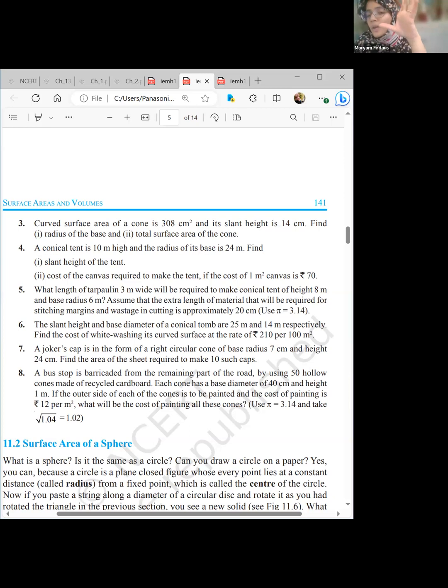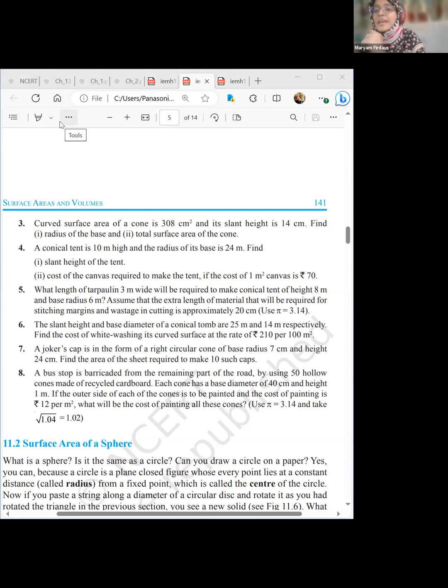Now, just one thing that we need to think about is you can't just buy the exact length. You can't just buy the exact area. You are going to need 188.4 meters square for the tent. That is the area of the tent, right?